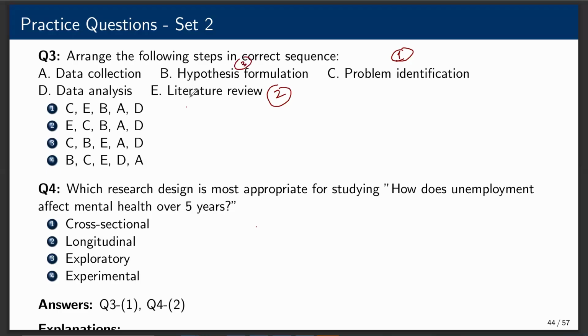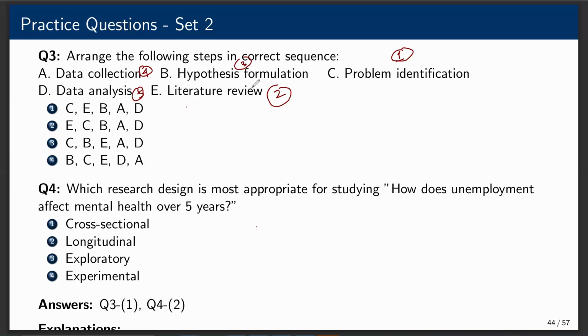Then after formulation of hypothesis, data collection. Okay. Then data analysis. Very good. After the data analysis, report writing will be there, right? If there had been another option, report writing.